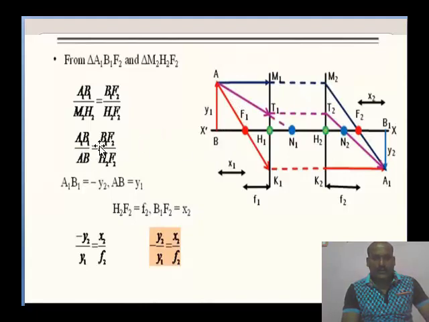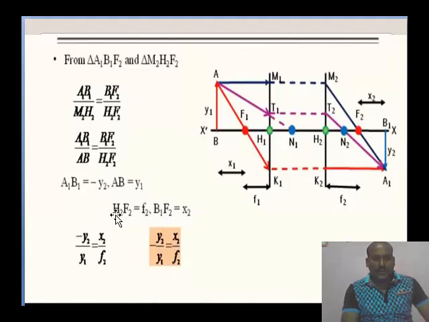So AB, and next B1F2 divided by H2F2 as it is. Now change the sign convention: A1B1 is negative y2 and AB is positive y1.